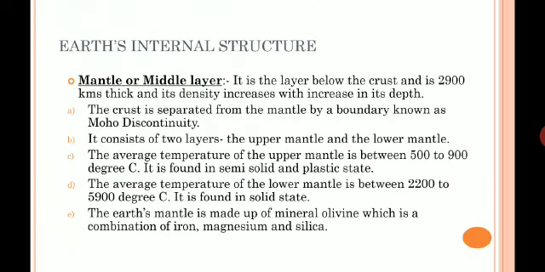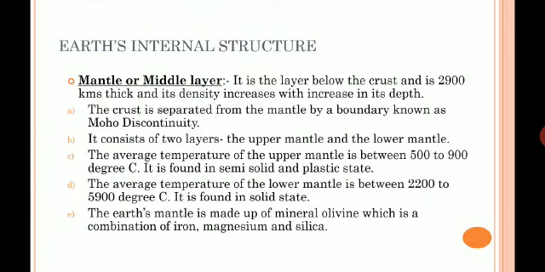The second topic is mantle, or the middle layer. It is the layer below the crust and is 2900 kilometers thick, and the density increases with the increase in its depth. The crust is separated from the mantle by a thick boundary known as Moho discontinuity.